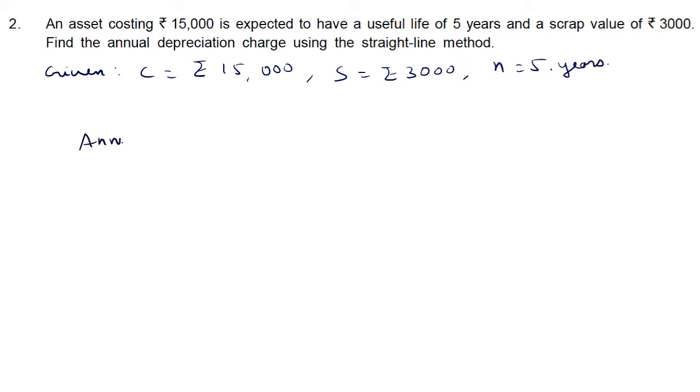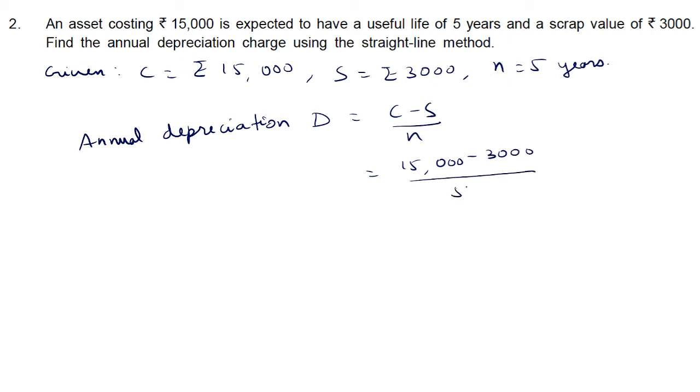Now the annual depreciation charge: D = (C - S) / N = (15,000 - 3,000) / 5. So it is 12,000 / 5, which is 2,400. Therefore, the annual depreciation is rupees 2,400 per annum.